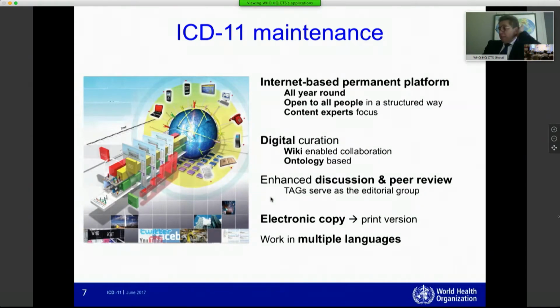The ICD maintenance is another aspect that should not be forgotten in this context. The maintenance is done on a permanent online platform that is open all the time and also open to everybody to propose improvements. So if in the process of data collection and analysis you identify necessary improvements to the classification that would inform policy better, an update mechanism will make sure we can update bits and pieces in the future.